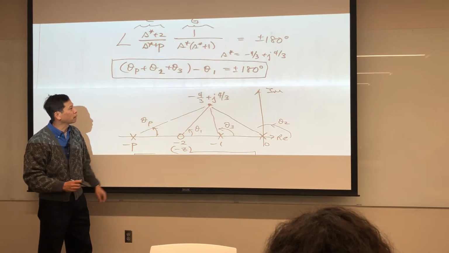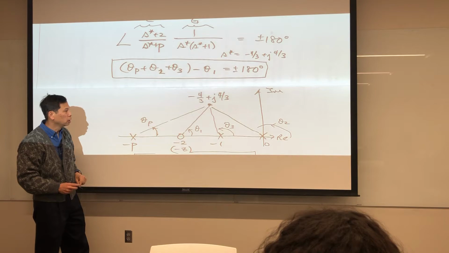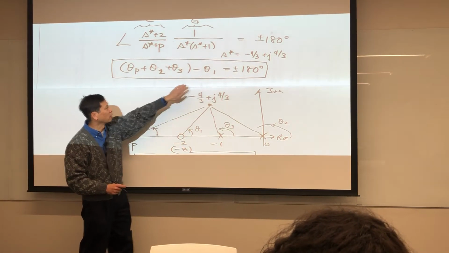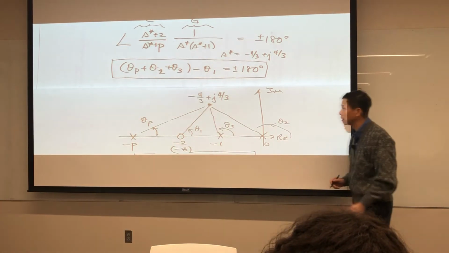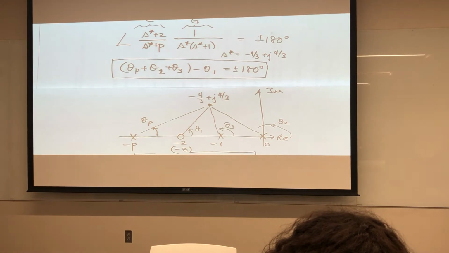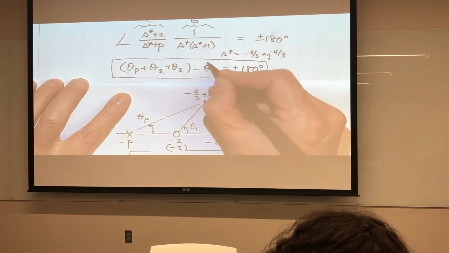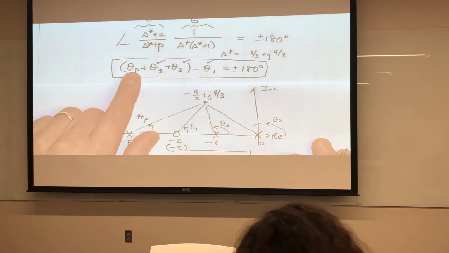Because I'm human, I like to write my unknowns out in front, so I wrote the angles of the poles first. If we had been trying to solve for a zero, I might have said theta z and put it out in front. This is where your personal preferences come in. Now, when I look at this picture, this should be known, this should be known, and this should be known. And there's only one unknown.